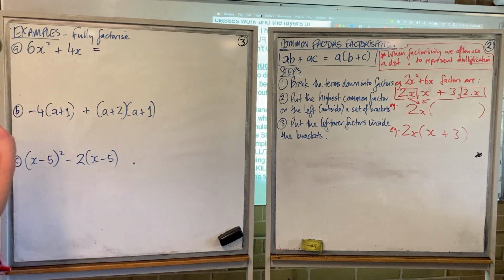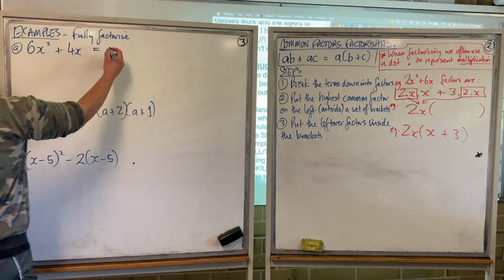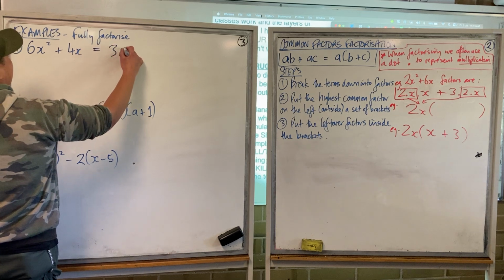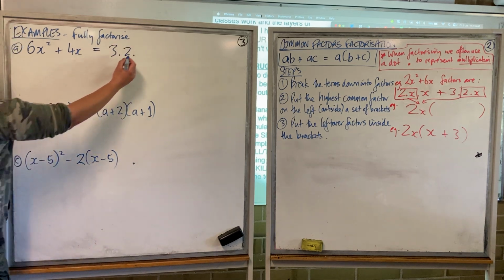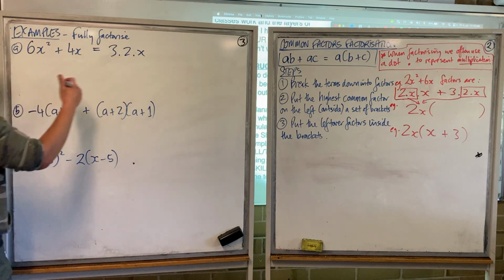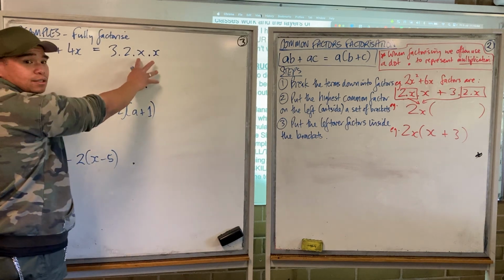No, 2 and 4. Closer. 2 and? What do I times together to get 6? 1, 2, and 3. Good. So 6x could be 3 times by 2 times by x. What do I times x by to get x squared? X again. So we've broken this down into 4 things.